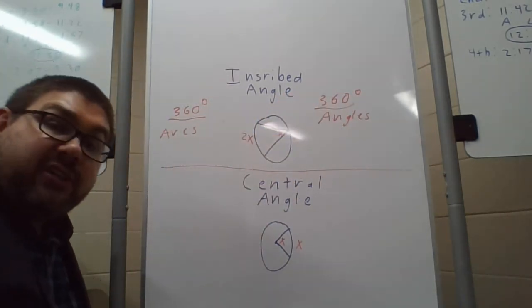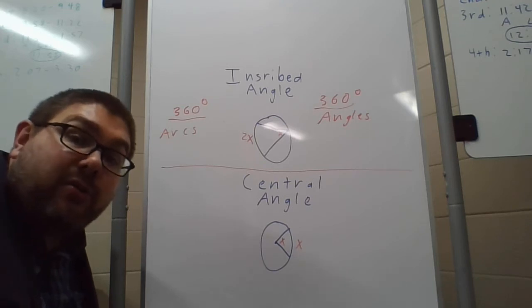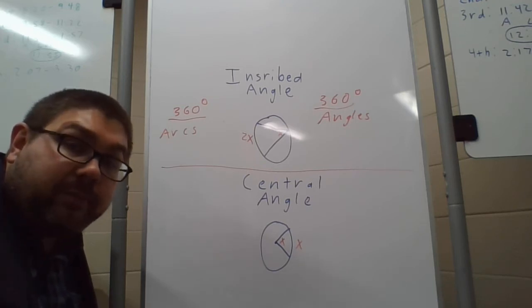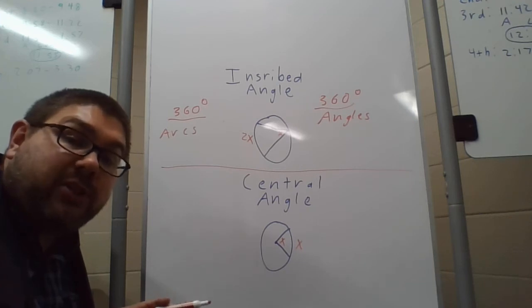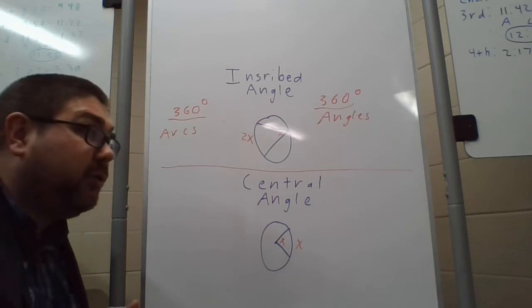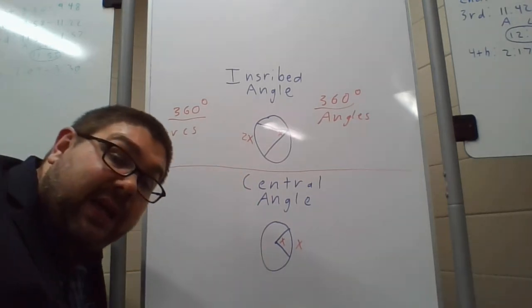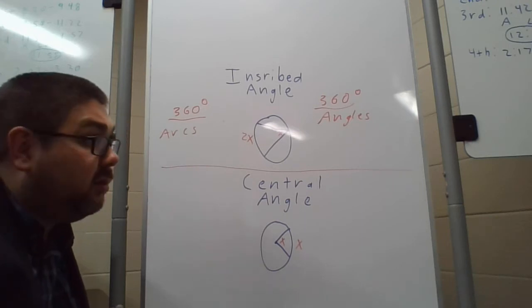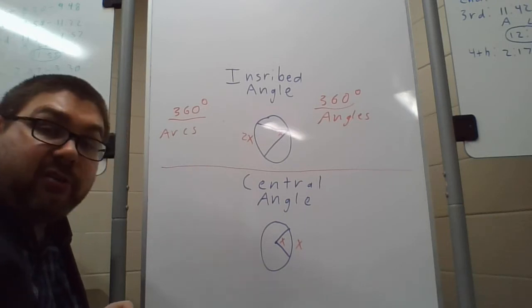I put 360 degrees on both sides because you need to know that there are 360 degrees in a circle. It's crucial information because if you don't know that, you can't do these problems. Well, you can do this part, but you can't go any further than just finding either the arc or the angle.